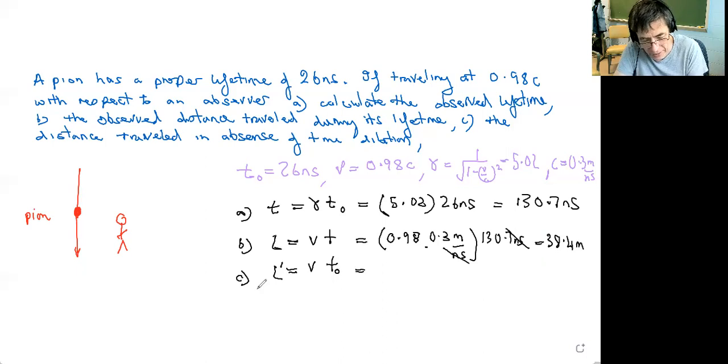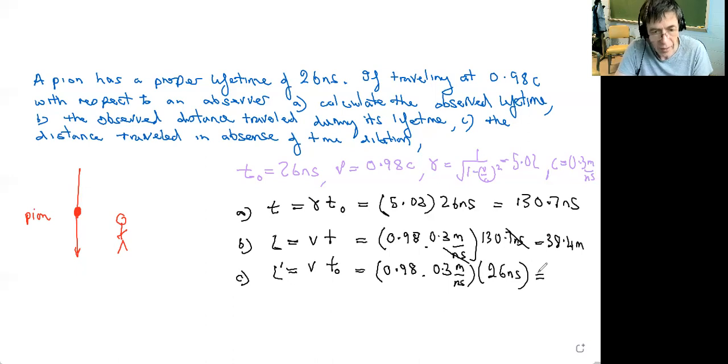And so to calculate this new distance, I've just, again, got to multiply the speed. It's traveling at 98% of the speed of light, and the speed of light is 0.3 meters per nanosecond. And I've got to multiply that by the original proper lifetime, 26 nanoseconds. And if I carry out that calculation, I get 7.6 meters.